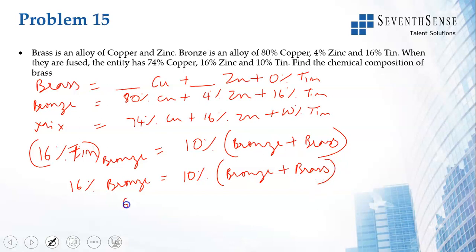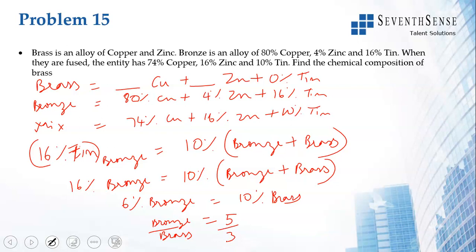So if you simplify, 6% bronze is 10% brass. Bronze by brass, if you want to take it, is 10 by 6, 5 by 3. You've gotten this as 5 by 3.